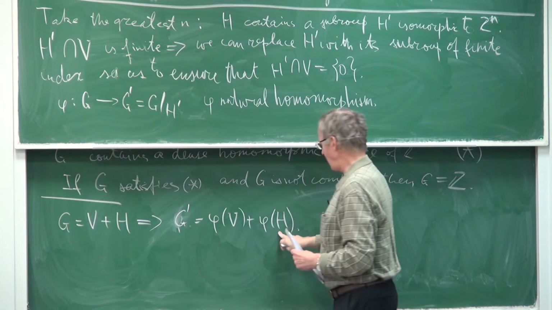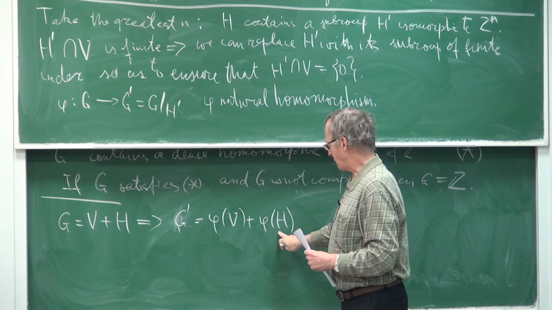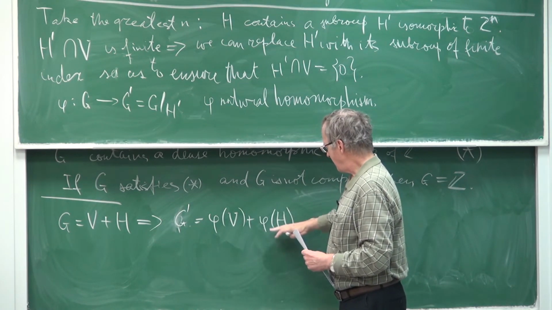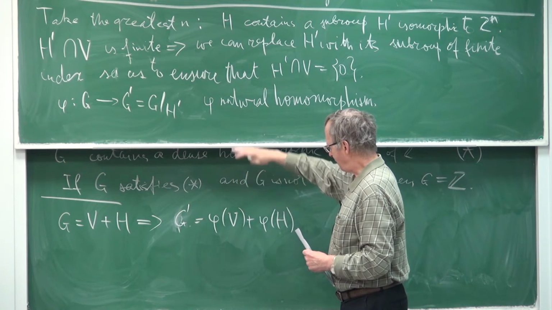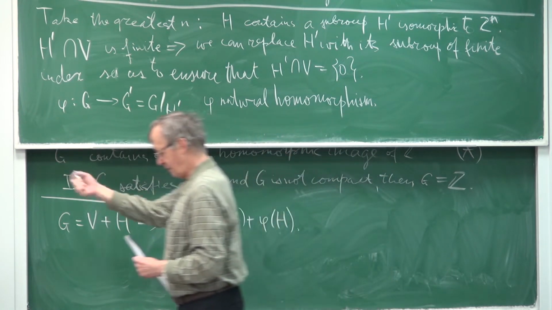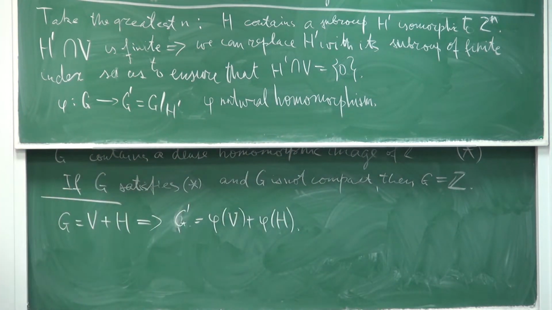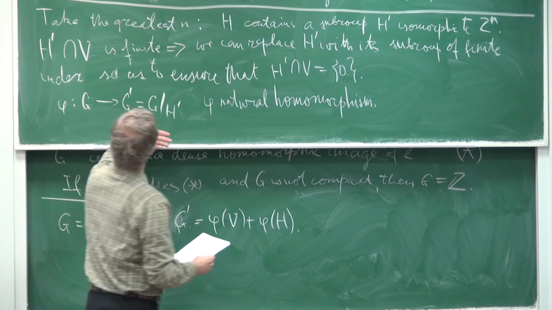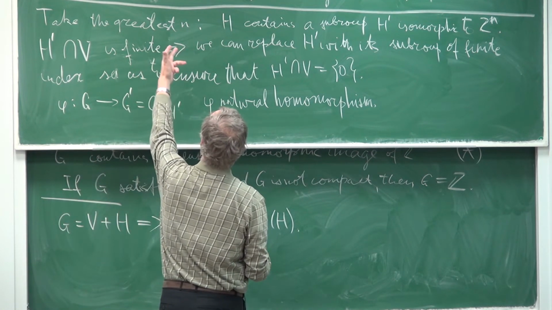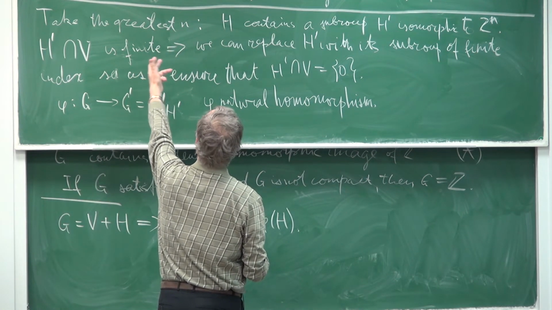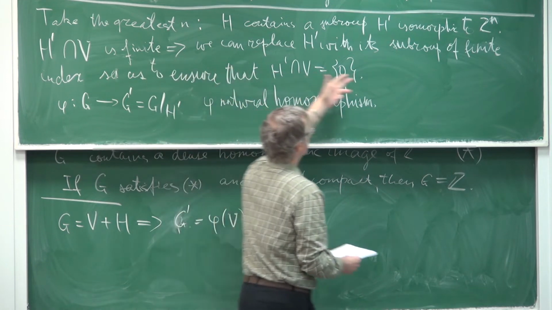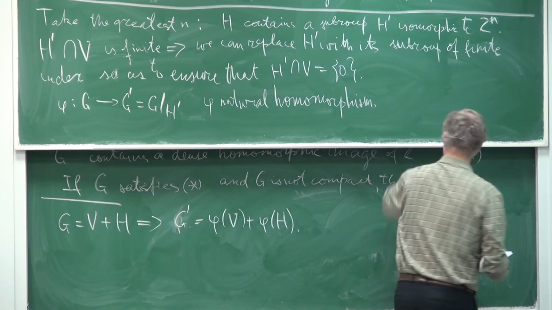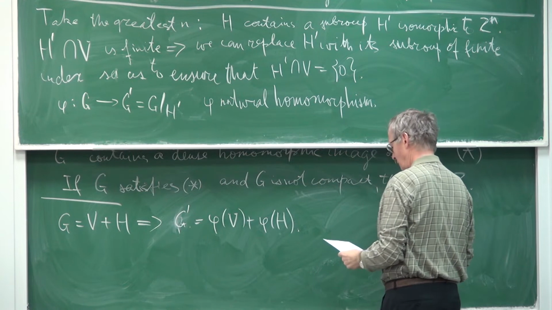If you find some infinite cyclic subgroup in this group, then we lift the generator of it by phi. And we see that this lifted subgroup can be added to this Z^n to form Z to the power n plus 1.